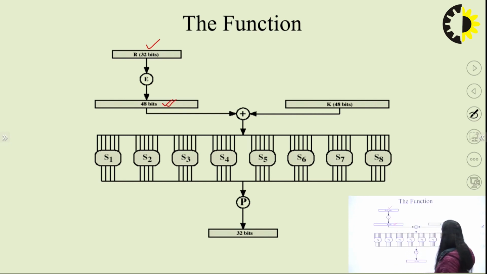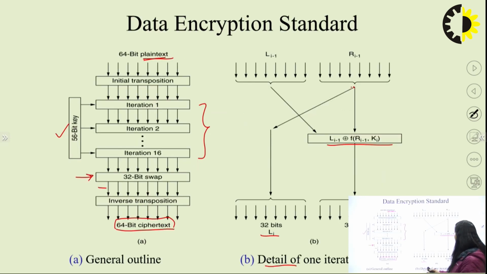These bits along with the other side's 48 bits are being XORed, and then S1, S2, S3, S4, S5, 6, 7, 8, these S-box operations are being performed, right? And then we got this 32-bit output. So that was the detail of the function which we are performing over here.